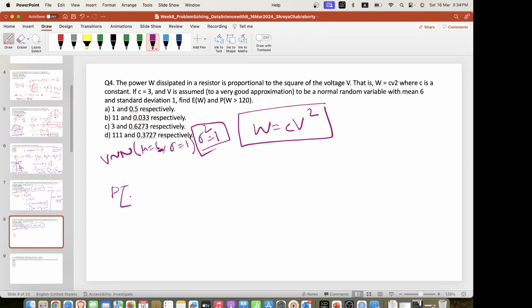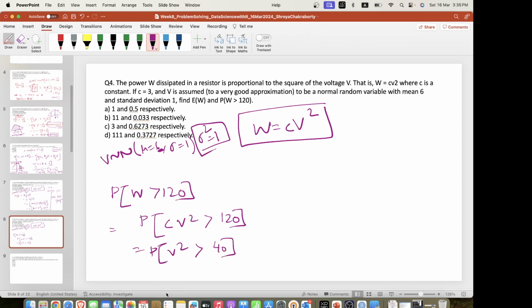So probability W greater than 120 means probability C V square greater than 120. So this means probability V square greater than 40.